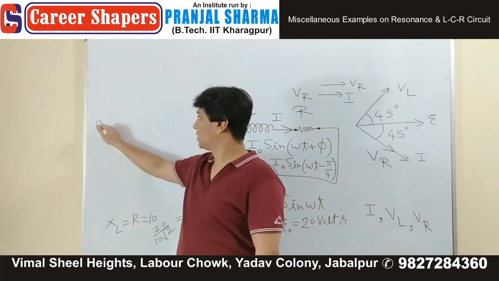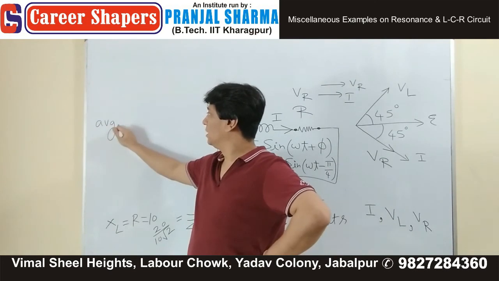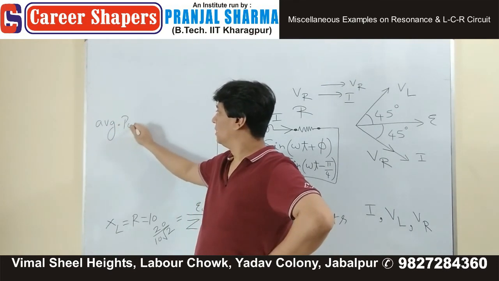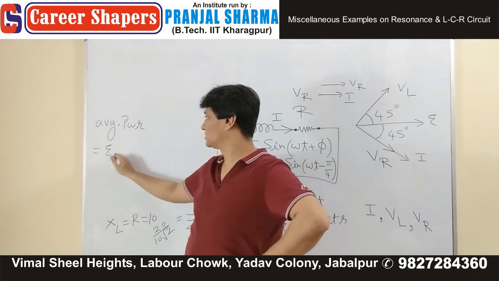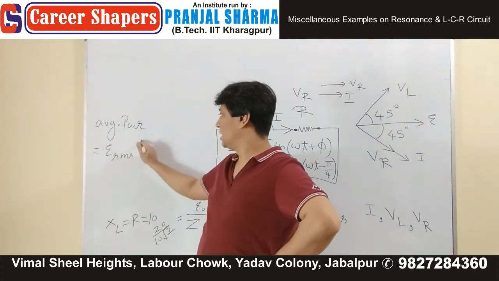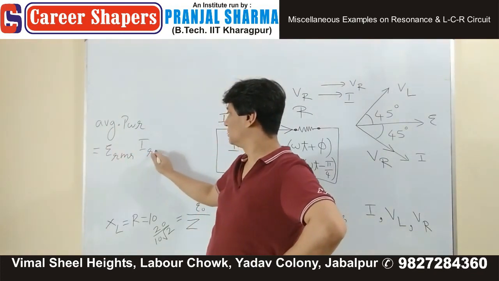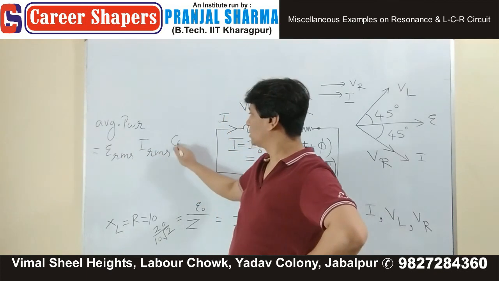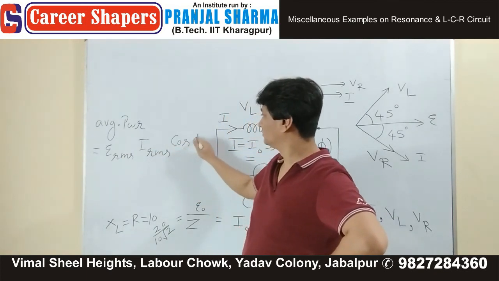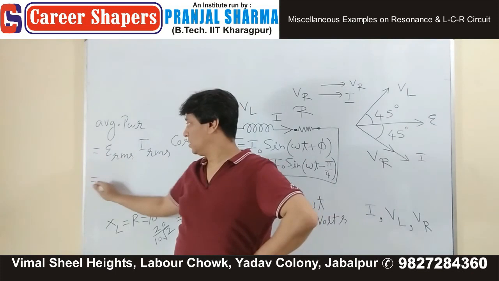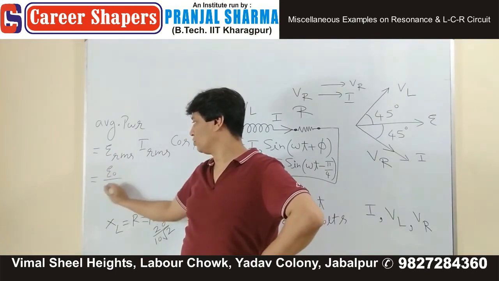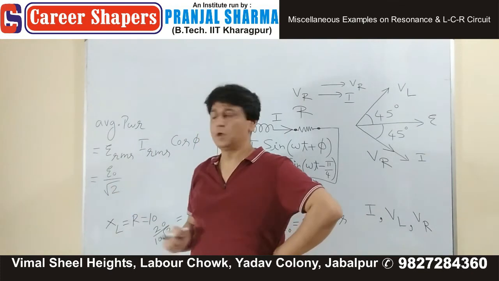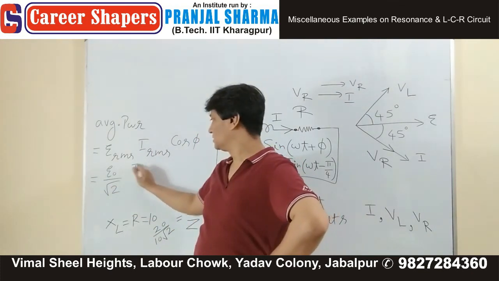We need average power. What is average power? ERMS, IRMS, cos phi. What is ERMS? E naught upon root 2. What is IRMS?